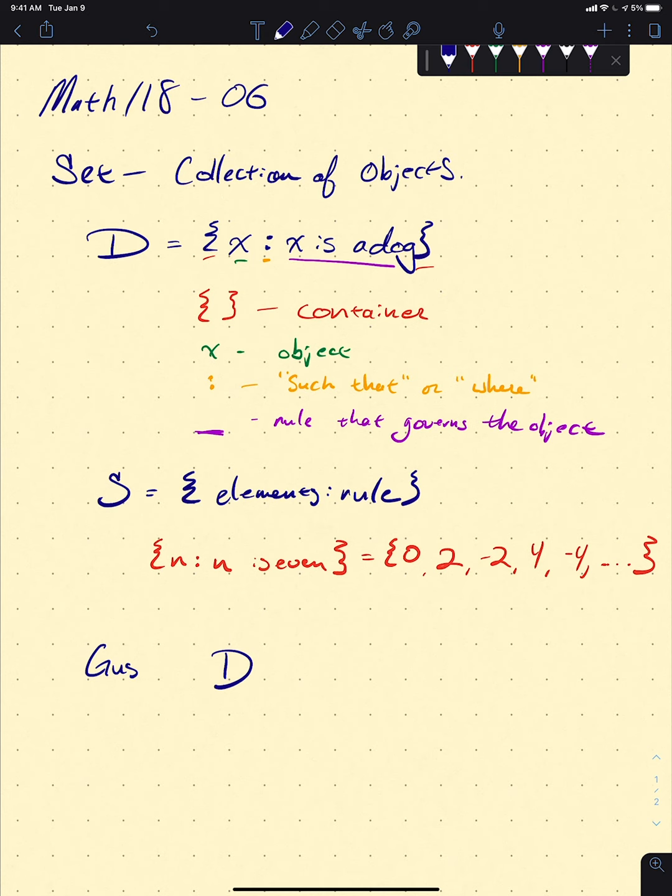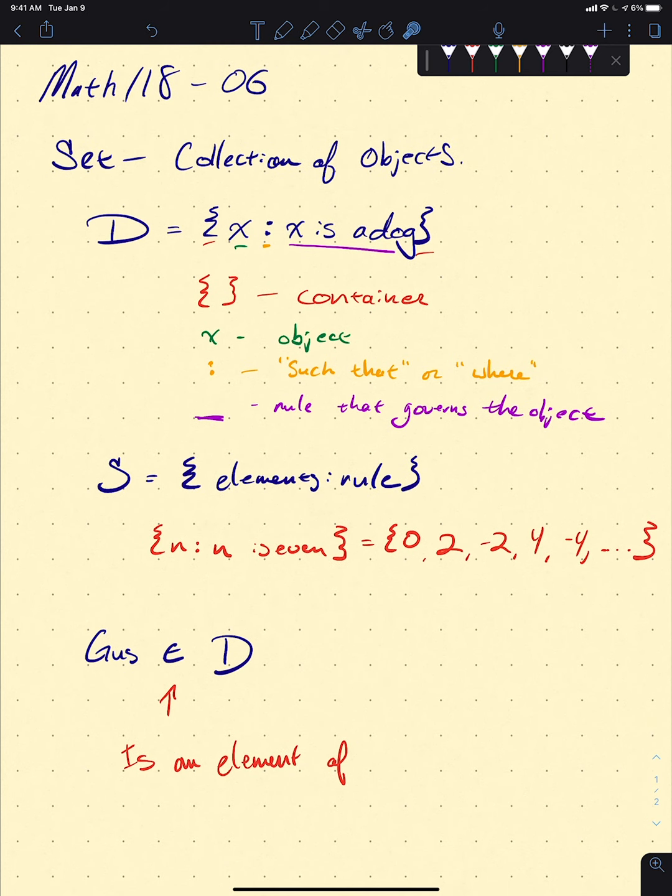And the symbol we use for that is this little guy here, this little epsilon. This guy means is an element of. So Gus is an element of the set dogs, meaning it is true that the object Gus follows the rule is a dog, right?